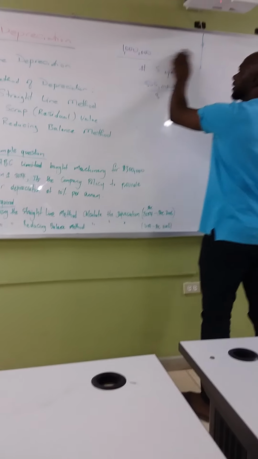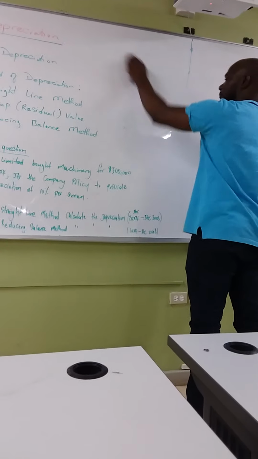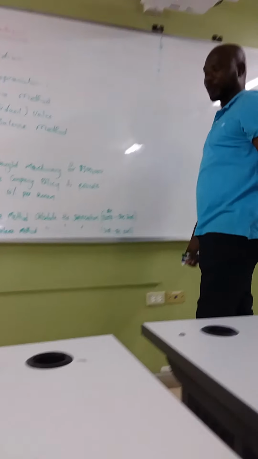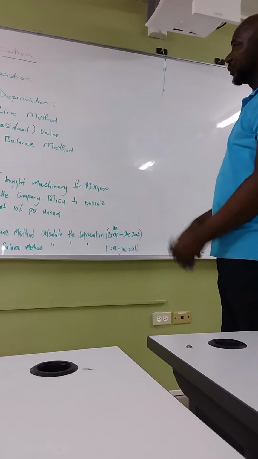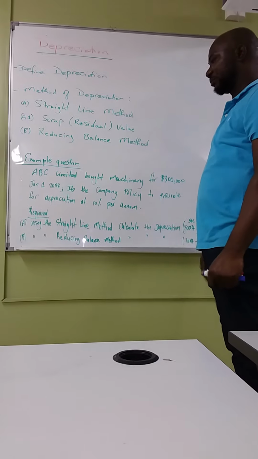Now I want to turn our attention to the question that we have on the board. The example question I'm going to use to introduce calculation for the straight line method, likewise the reducing balance method.